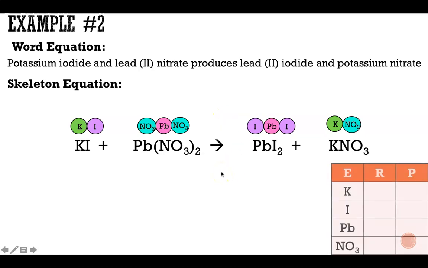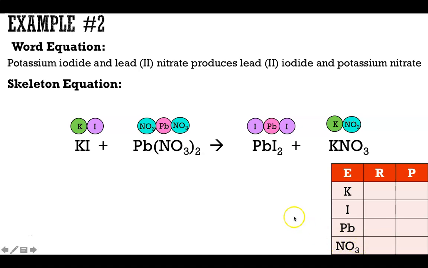So let's create our ERP chart. We've got 4 elements that we're talking about here: potassium, iodine, lead(II), and nitrate. So remember in these steps, I said treat a polyatomic group as an element. And so this is what I mean. We're going to write it as one unit in our ERP chart.